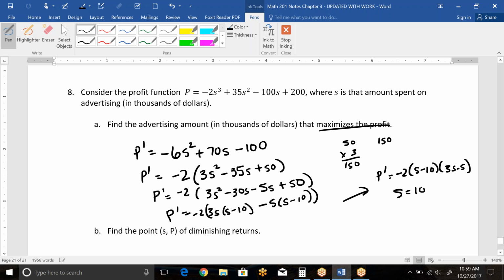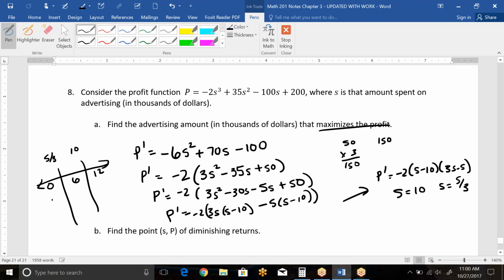If we solve that, s equals 10 or s equals 5/3. We want to figure out which one of those is possibly a max or min, because remember we want the maximum. So we can do our little sign chart. 5/3 is smaller, 10 is bigger. We pick critical values on each side, so 0, maybe 6, and 12.